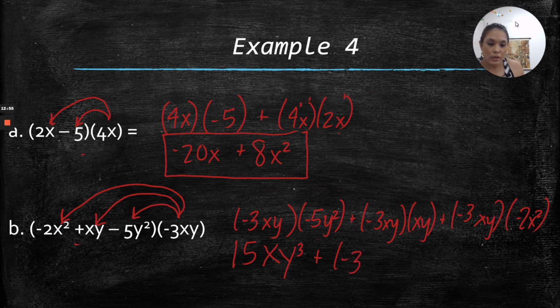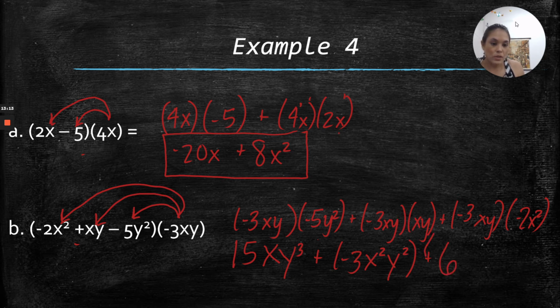And then x times another x, this is x squared. And then same with the y, you add those two variables for y squared plus, now negative 3 times negative 2 is a positive 6.